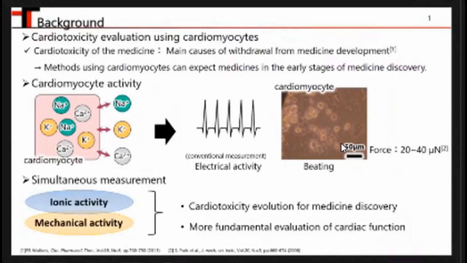And here, beating of cardiomyocytes is caused by exchange of ions inside and outside the cell. So ionic activity of cardiomyocytes is an important parameter in evaluation of cardiac function.